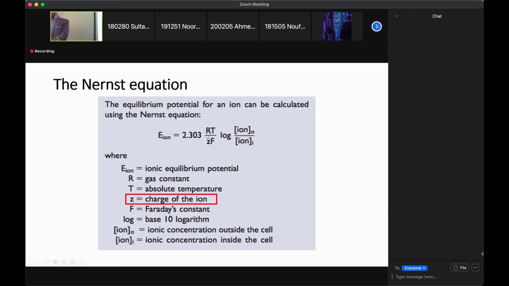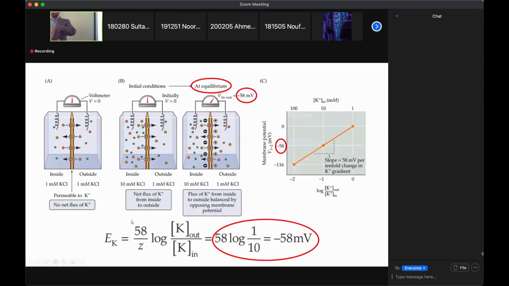If we calculate the constant values, we will end up with 58. So in this case, let's say we have inside 10 millimolar of potassium, and outside we have 1 millimolar of potassium. If we want to calculate the equilibrium potential for potassium, it would be 58 over the charge of potassium, which is +1, times log the concentration outside over inside.